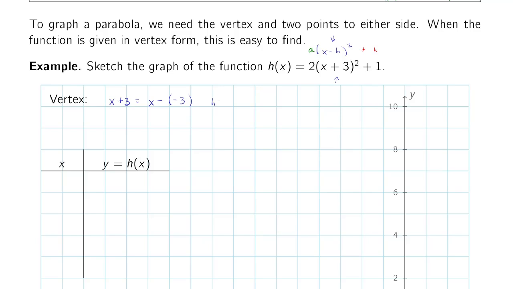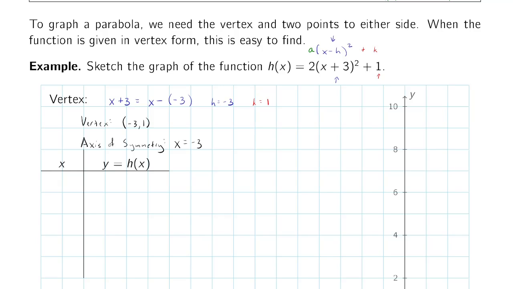So our h is negative 3. And then our k is the number we're adding, which is just 1. So our vertex is at negative 3, 1. And our axis of symmetry is going to be x equals negative 3.